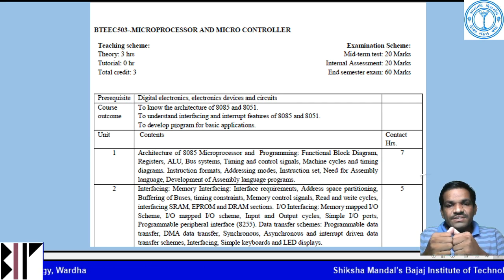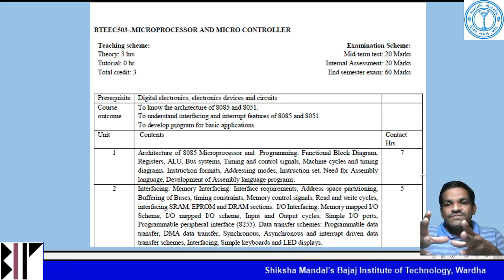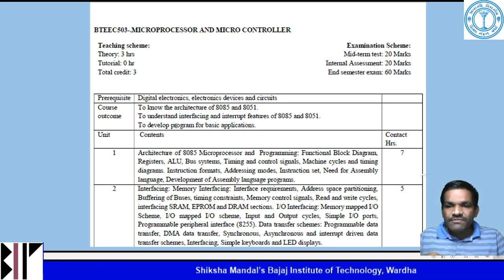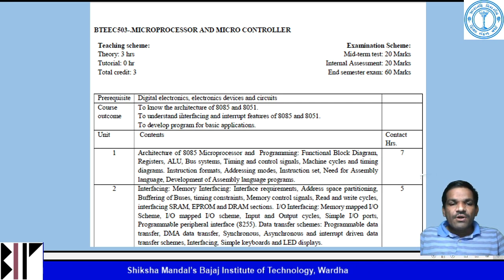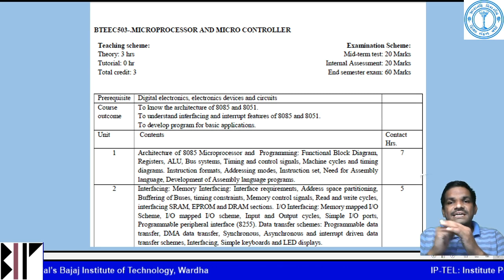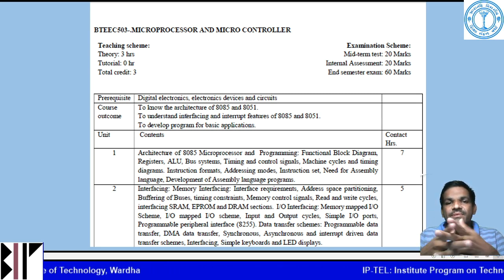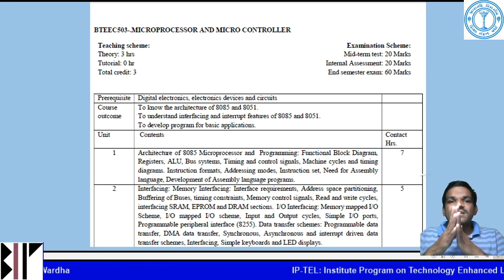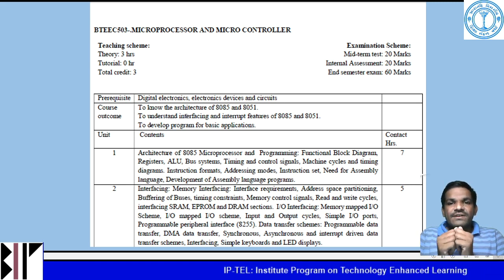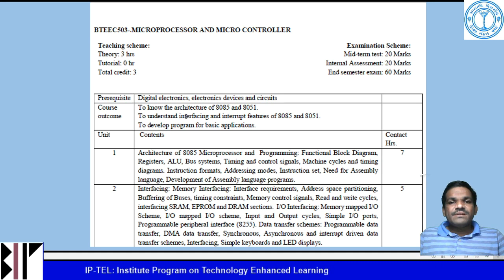In IO interfacing, we are going to learn about interfacing various input and output devices to the microprocessor. After interfacing, you will learn about various data transfer schemes, that is programmable data transfer, DMA data transfer, interrupt driven data transfer, etc. And then we will look at some simple keyboard interface.